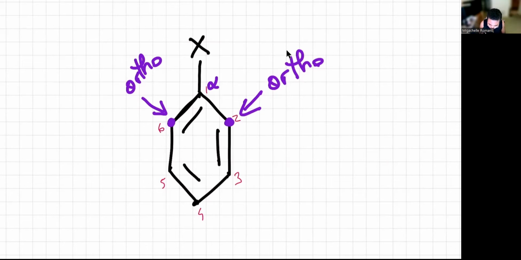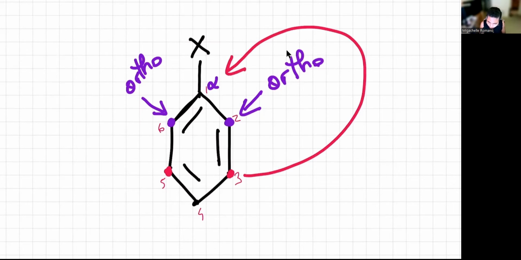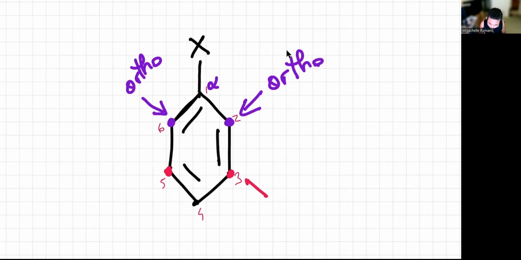Again, if we go a little further, like carbon 3 and carbon 5, you see how there's one carbon separating carbon 3 from the alpha carbon? So this is the meta position. I like to think of it as meta, middle. It's not really in the middle, but there's a carbon in the middle separating it from the alpha carbon.